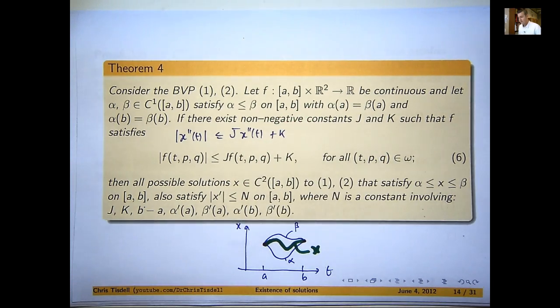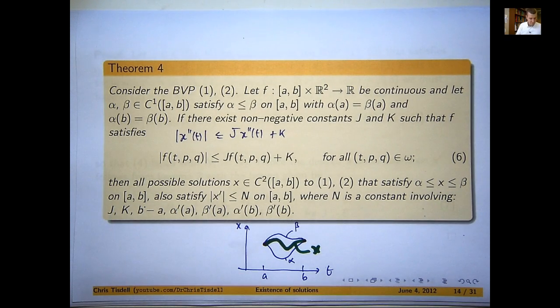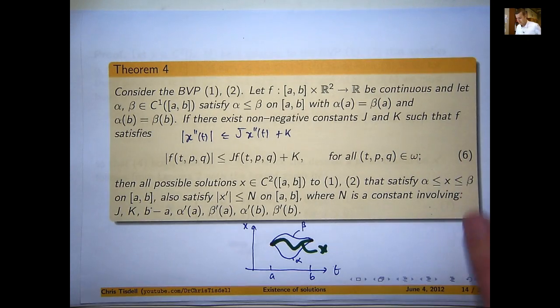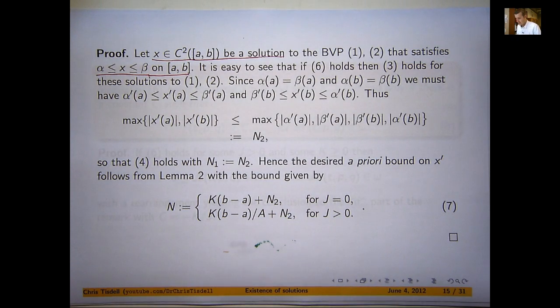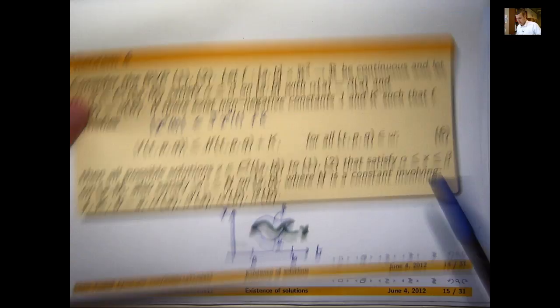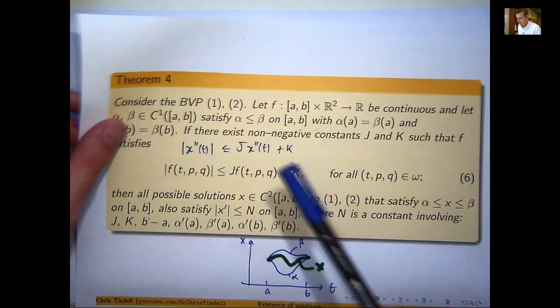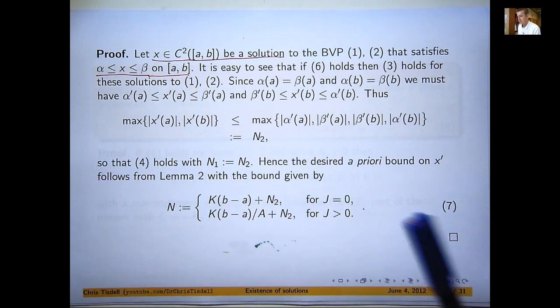the following inequality. And that inequality was used in lemma 2 to get an a priori bound on the derivative. So if 6 holds and x is a solution to our problem, then x double prime has to satisfy this inequality here.